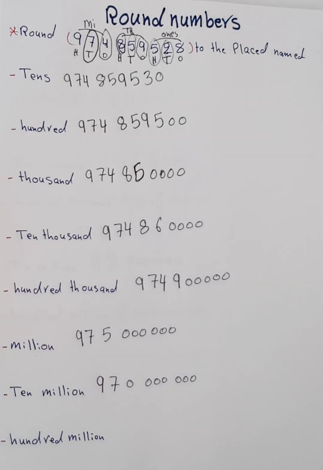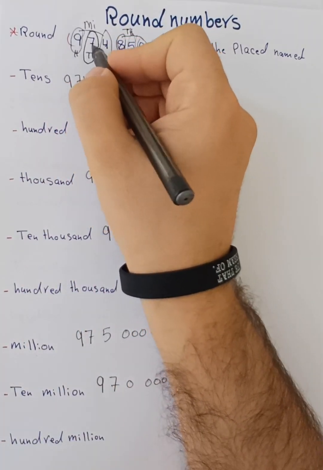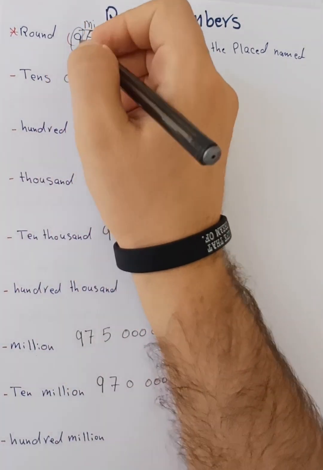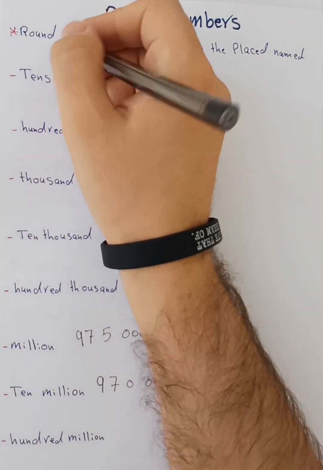After that, the last rounding, 100 million. 100 million is 9. After 9 you have 7. By rounding rule, if you have 5 or greater than 5, this number increases by 1. So 9 increased by 1 becomes 10.